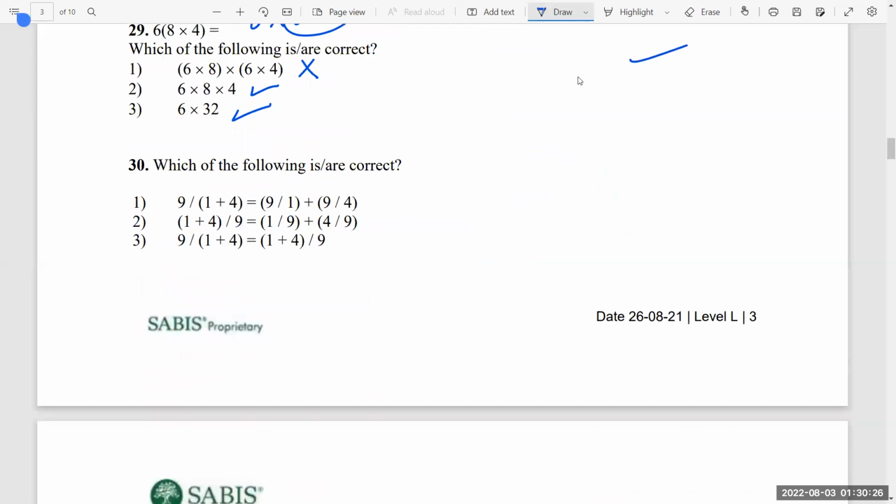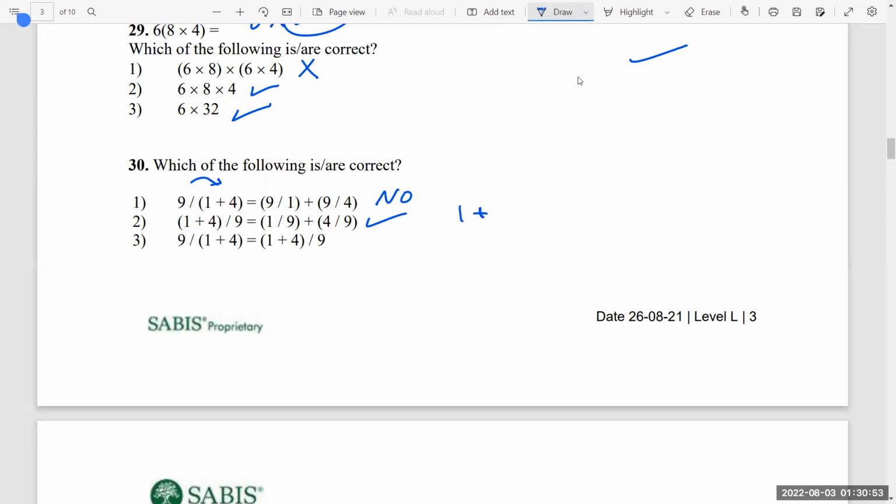Which of the following is correct? 9 over 1 plus 4 is 9 over 1 plus 9 over 4. Is it true? No. Incorrect. Number 30 is incorrect. We cannot distribute division over 1 plus 4. 1 plus 4 over 9 equals 1 over 9 plus 4 over 9, this one is correct.